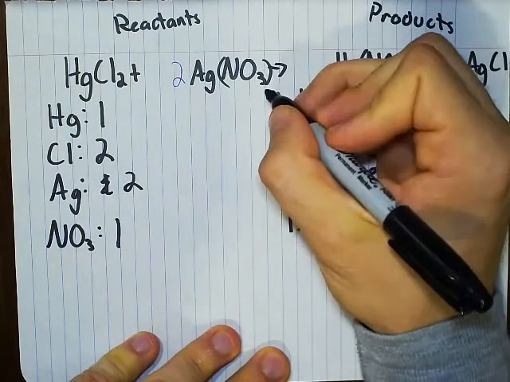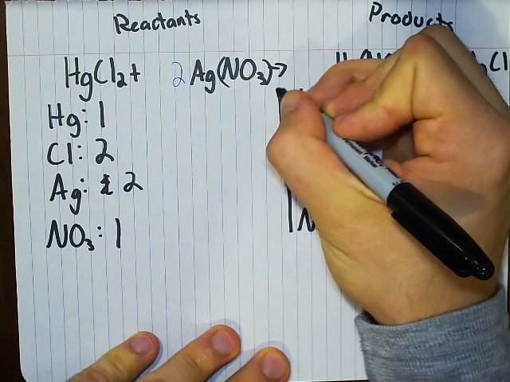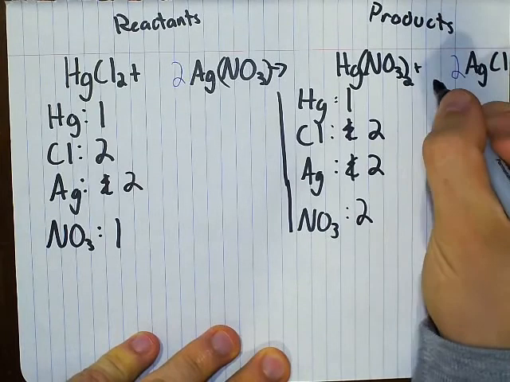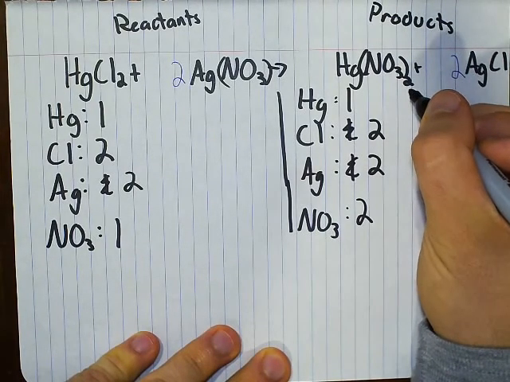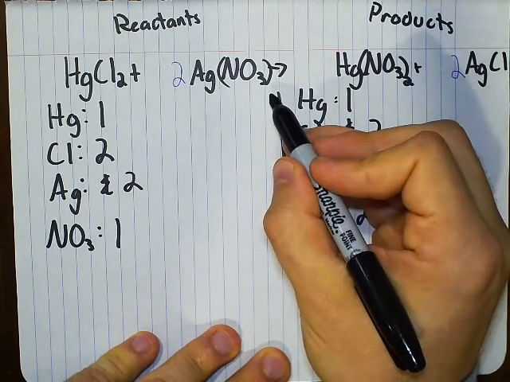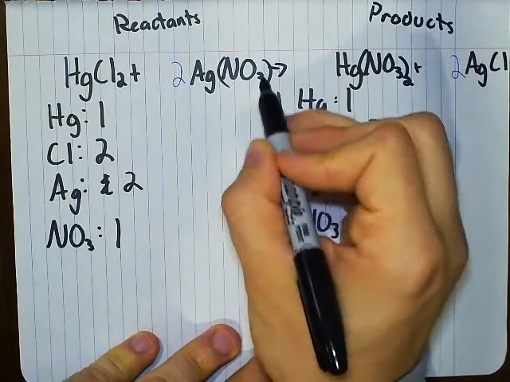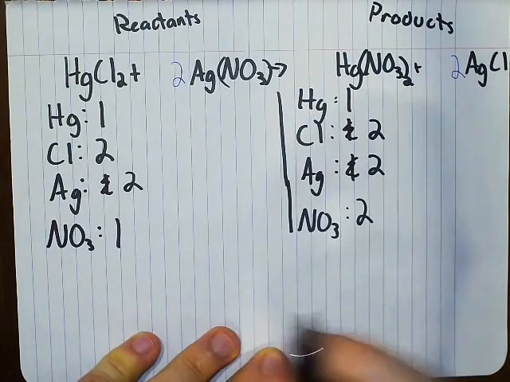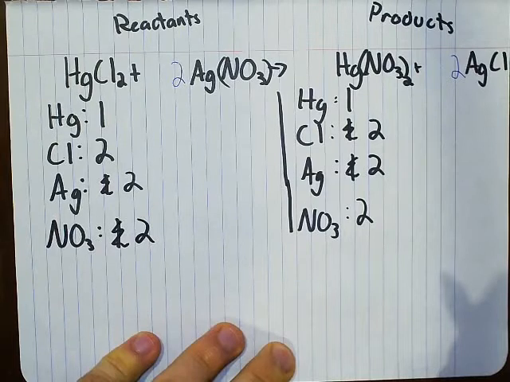I've got 1 ion of nitrate, and I can tell that because there's no subscript outside of the parentheses right here. It would go right here. We're assuming it's a 1 because nothing is there. It would go right there just like this 2 is right here on this side. Because I have no subscript there, I know I just have 1, but now I've got 2 of this entire silver nitrate molecule. So I've got 2 ions of nitrate.